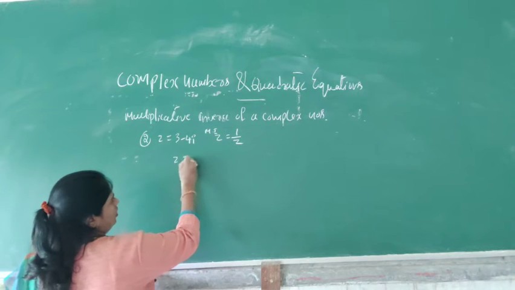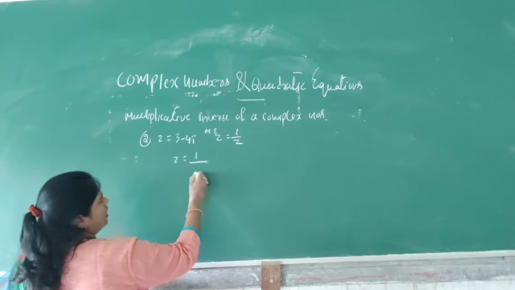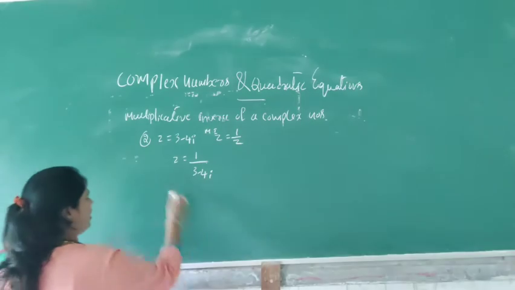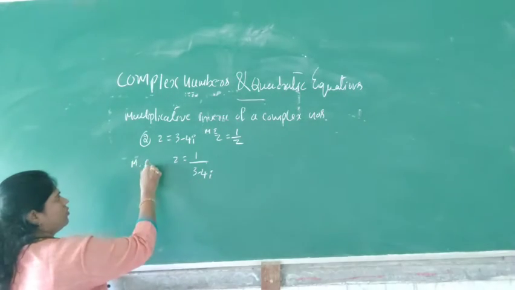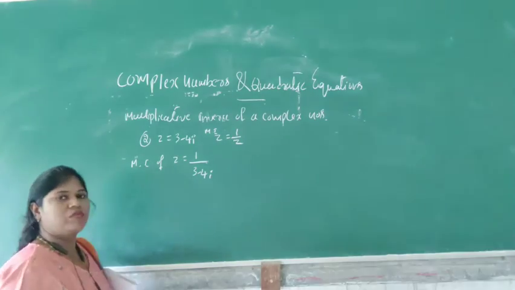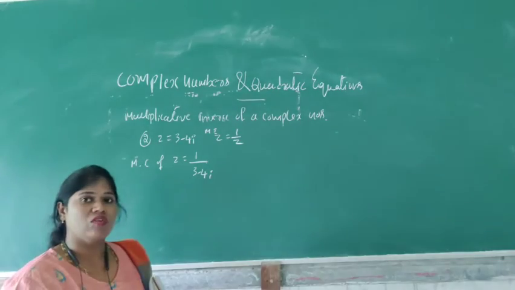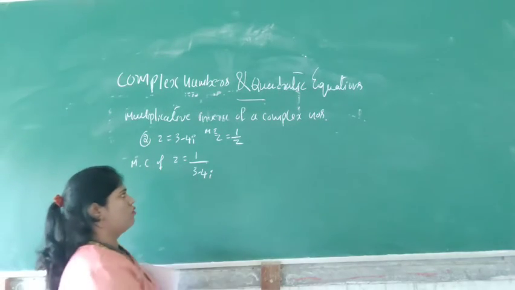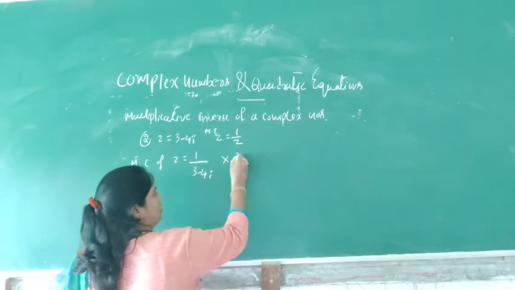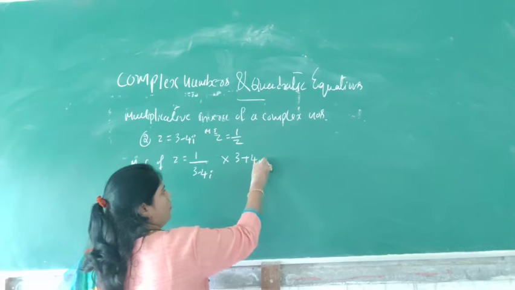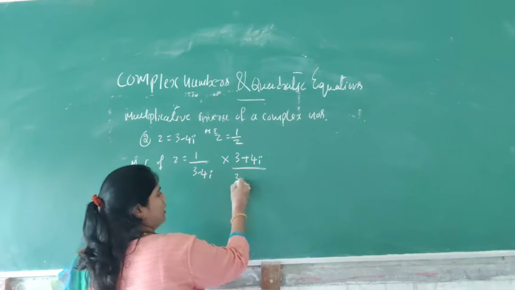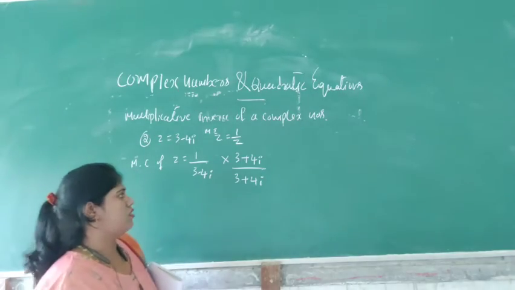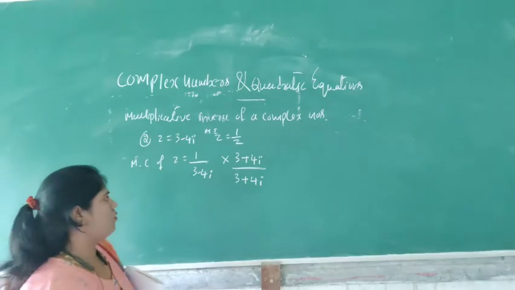So 1 divided by 3 minus 4i. We have to rationalize: 3 plus 4i divided by 3 plus 4i.